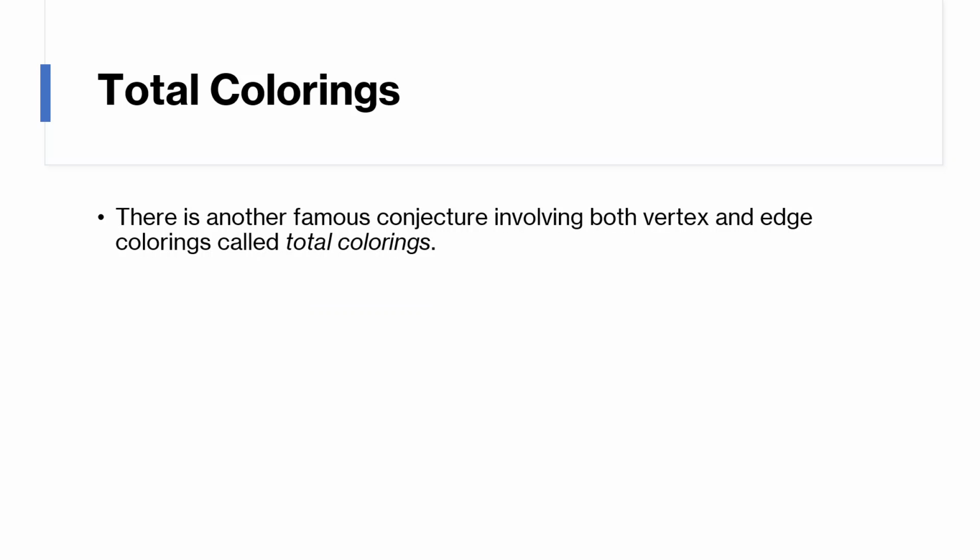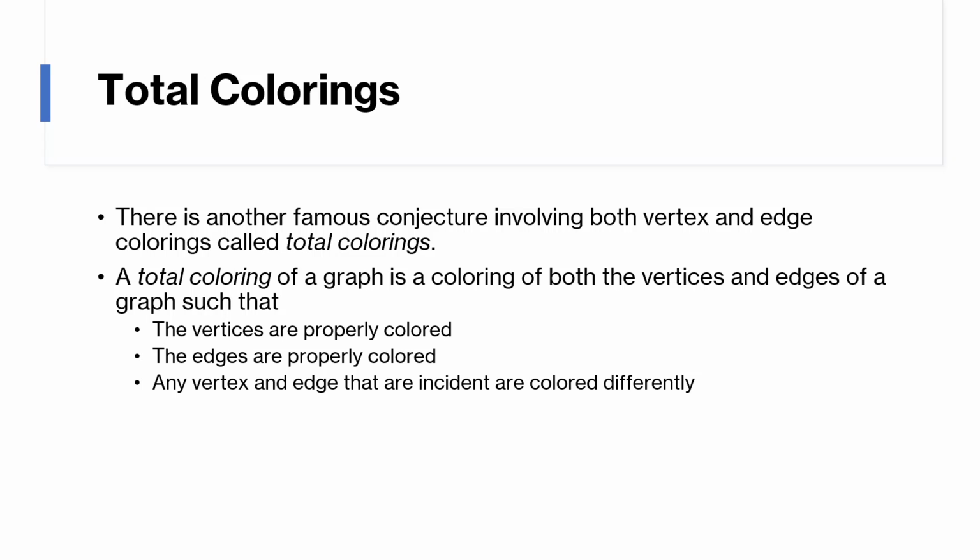All right, so there's also the topic of total colorings. We looked at proper vertex colorings and proper edge colorings, but there's a concept that involves both of these, and that's the idea of a total coloring. A total coloring of a graph is a coloring of both the vertices and the edges of a graph at the same time.